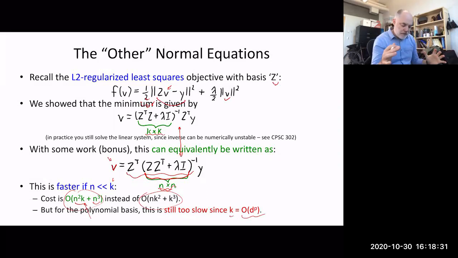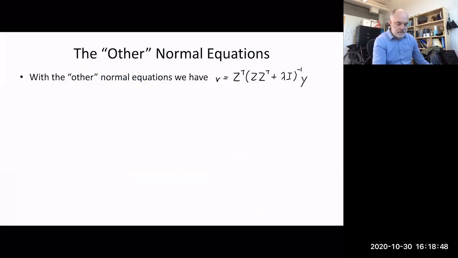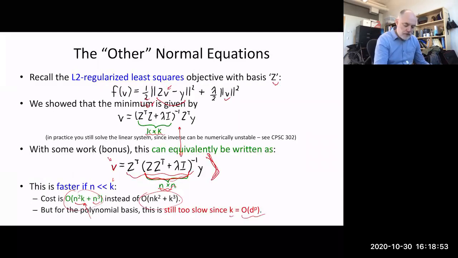But there's two things to think about here. One is, if n is small, then we're okay relative to k in terms of the matrix inversion bit. The other bit is, this k term is quite large, so we're going to attack both of them. I'm going to take this right here and just write it on the next slide.